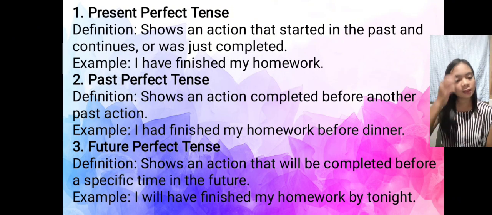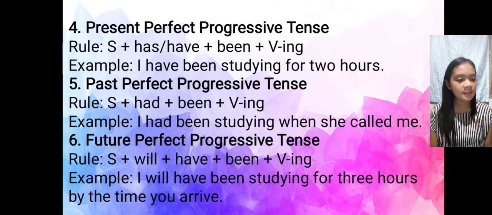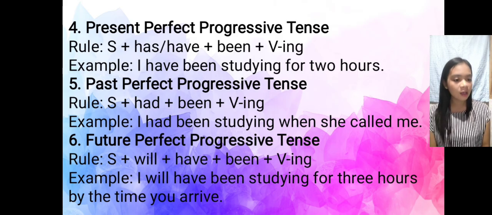Next, the present perfect progressive tense. Subject plus have or has plus been plus verb ing. Example: I have been studying for 2 hours. Next, past perfect progressive tense. Subject plus had plus been plus verb ing.